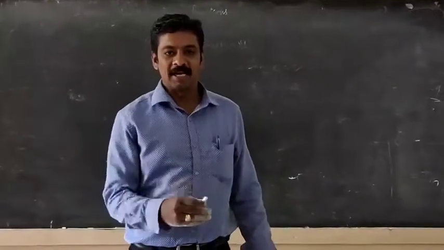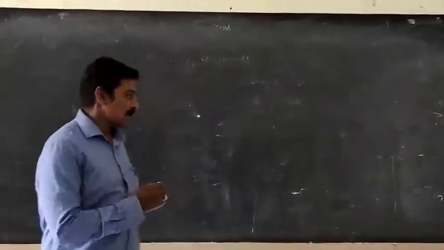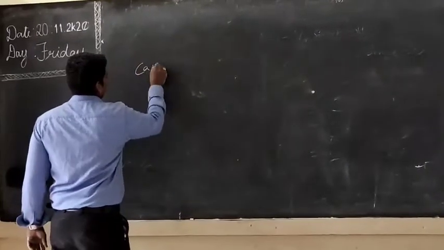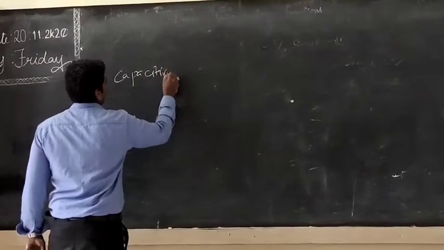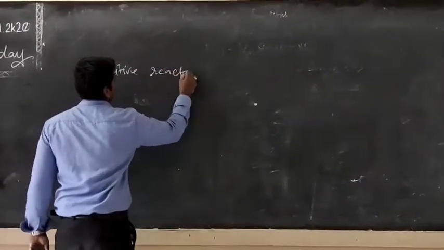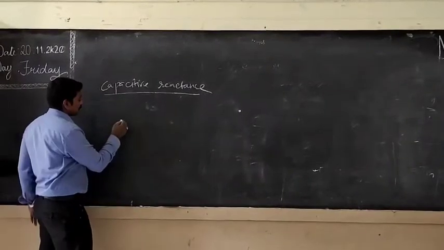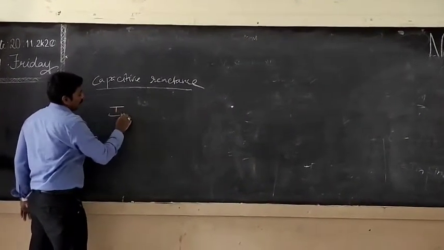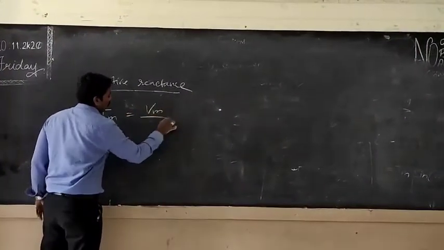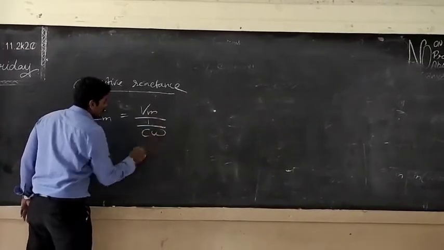Now we are going to see capacitive reactance. Capacitive reactance: Im is equal to Vm by 1 by C omega.